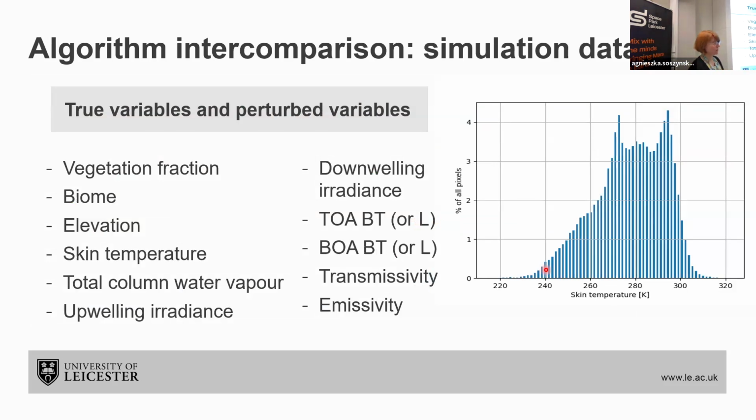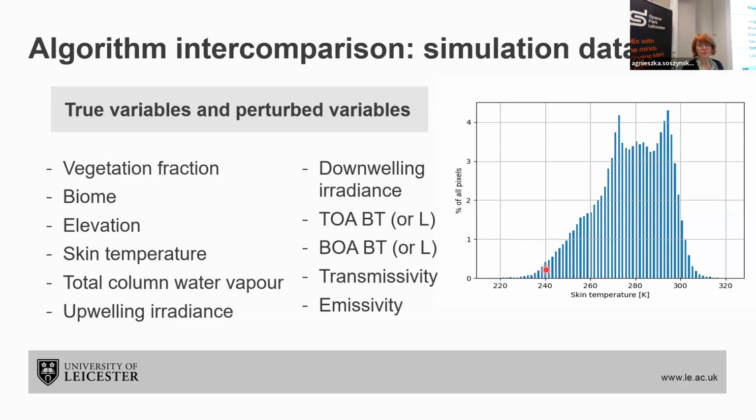You know an estimation of the truth. So what we wanted to do here is to compare how well the algorithm performs in conditions which are slightly changed from the truth, and therefore we can understand the sensitivity of the algorithms to specific input variables.